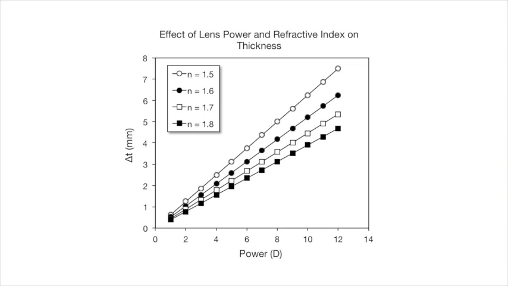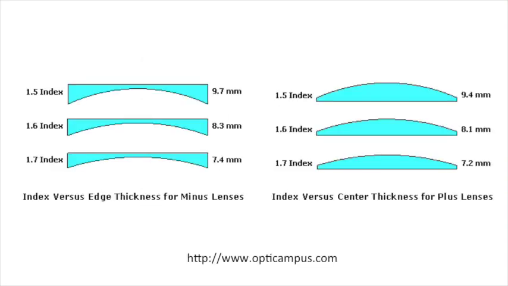So let's take a look at a couple of graphic examples showing the benefits of moving to a higher index. On the left, we've got a minus lens, and as you can see, when we increase the refractive index from 1.5 to 1.7, there's a dramatic decrease, maybe about 25%, in edge thickness.